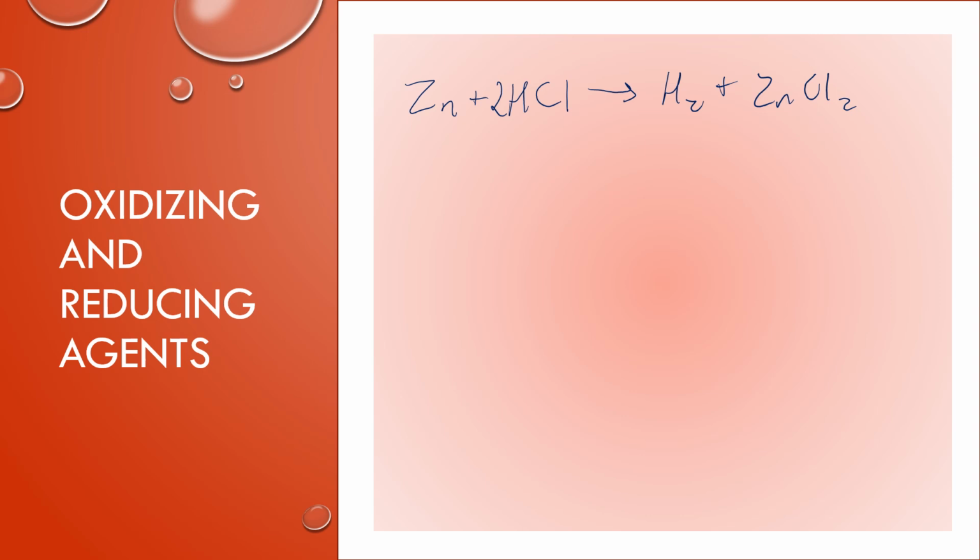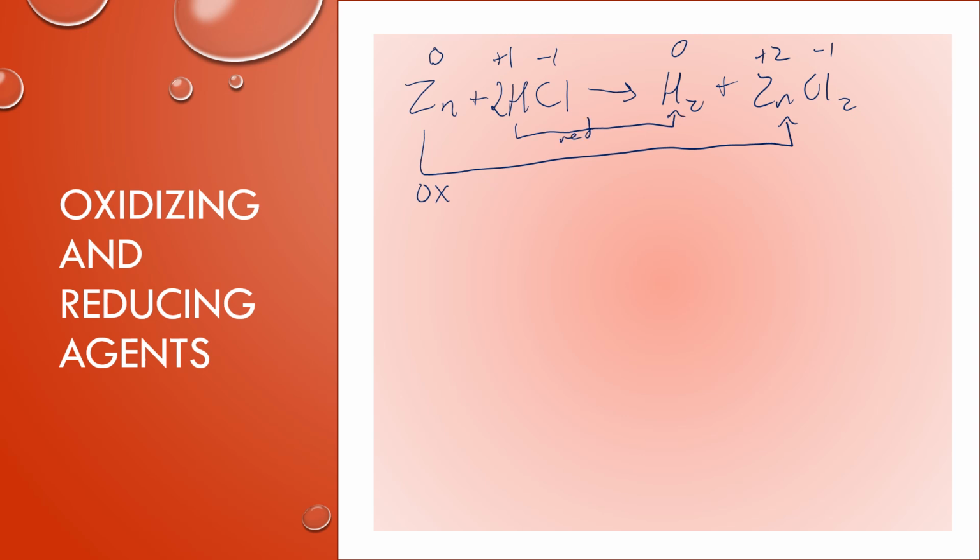So the zinc is going from 0 to a +2. Hydrogen is going from +1 in the compound to 0. And the chlorine is staying at -1, so the chlorine was neither oxidized nor reduced. Since the zinc is increasing, it was oxidized. The hydrogen goes down, so it was reduced.